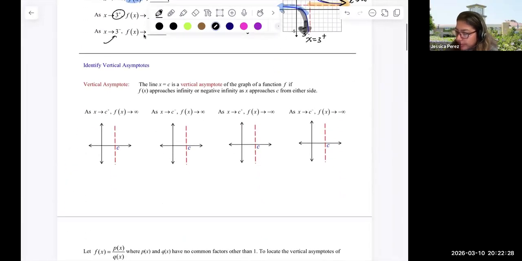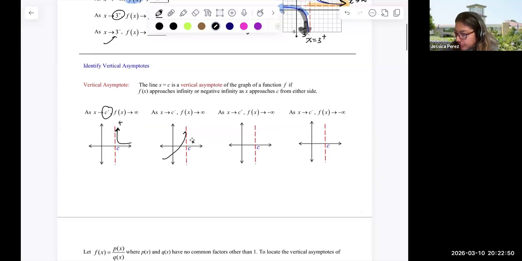Now, what do we see here? As x approaches c from the right, the value will go to positive infinity. As it's approaching from the left, it's going to go to positive infinity, but it's coming from the left side.